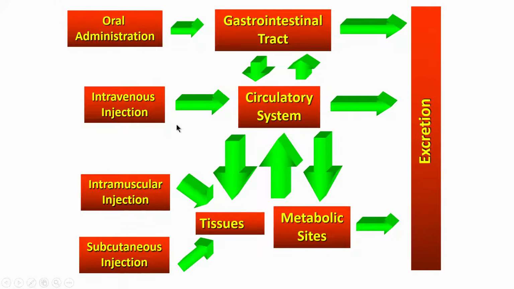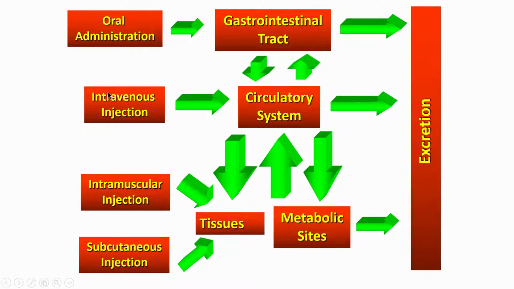So, again this is a complex graph, but essentially depicting what was depicted in the last figure. You can take the drug through several routes, and these are not the only routes that we are limited to, there are several others, but these are some of the major ones. You can either take the drug orally. Once you take it orally, it is going to go into the gastrointestinal tract, basically your stomach and intestine, and from there it can either get excreted or it can get absorbed and go into the circulatory system, which is basically blood.